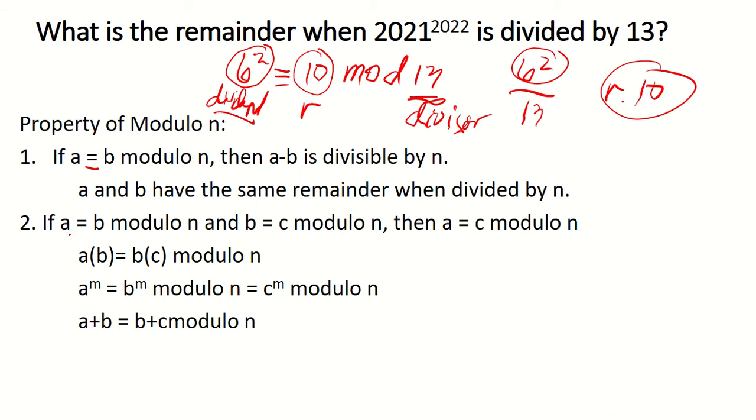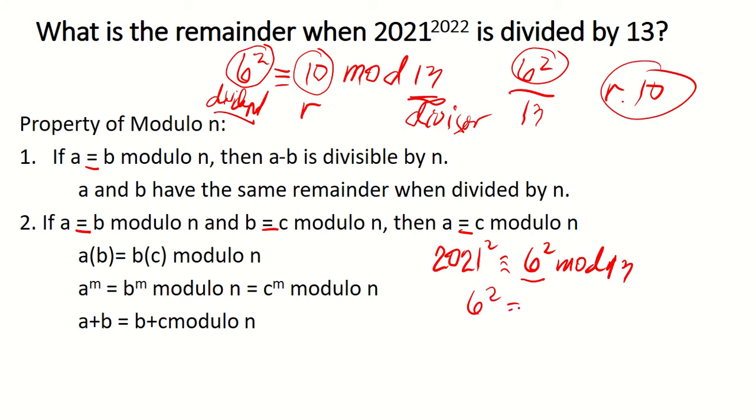Second, if A is congruent to B modulo n and B is congruent to C modulo n, then A is congruent to C modulo n. This one is the transitive property. Suppose we have 2021 squared is congruent to 6 squared modulo 13. And alam natin na ang 6 squared ay 36.